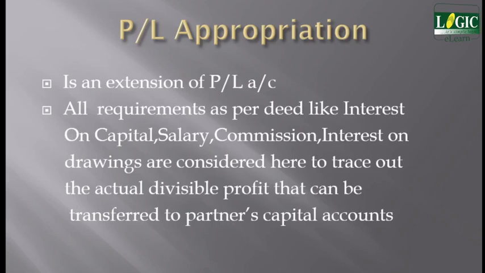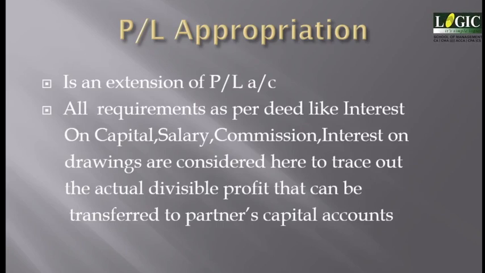So, to put it in a nutshell, a profit or loss appropriation account is an extension of profit or loss account wherein you accommodate the requirements as per partnership deed like interest on capital, salary, commission, interest on drawings, etc., so as to trace out the actual divisible profit that can be given to partners, that can be credited to partners' capital account.